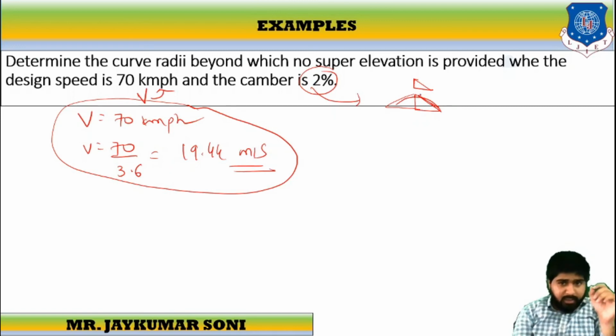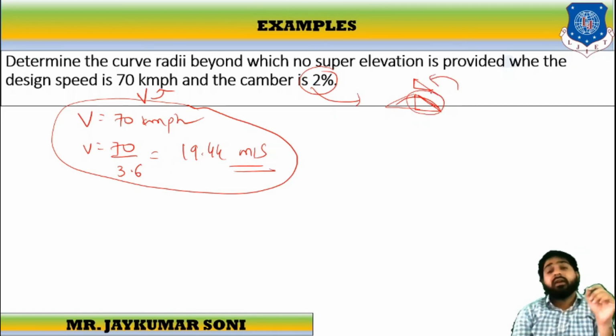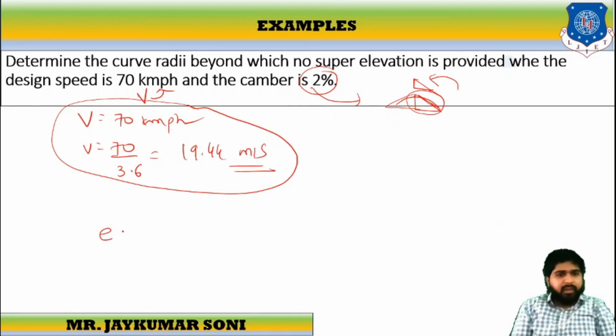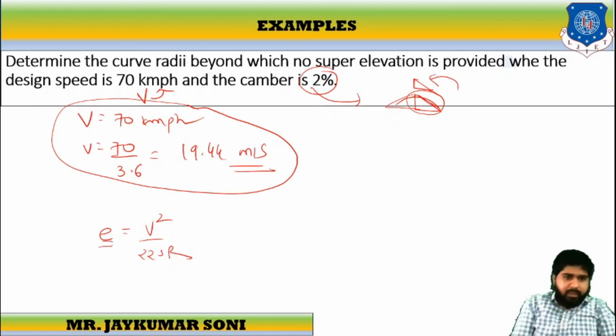So sometimes this camber is also known as super elevation, when in such cases we have not been given the value of super elevation. So what we will do, we'll put the mixed traffic condition equation, V square by 225R. We do not have the value of E, we have the value of camber, we'll put it as 0.02.